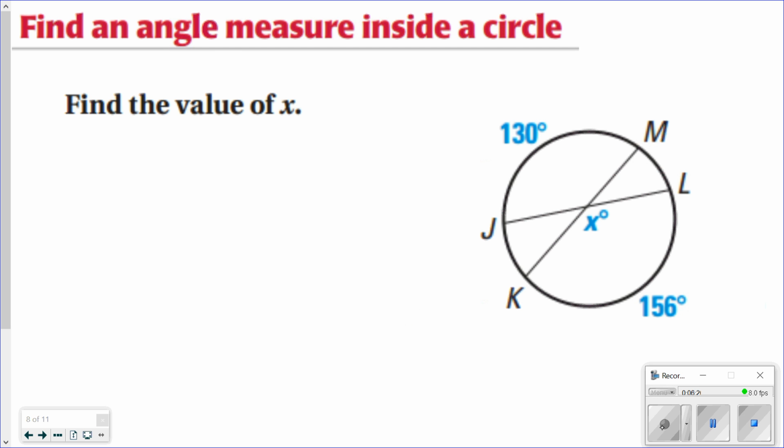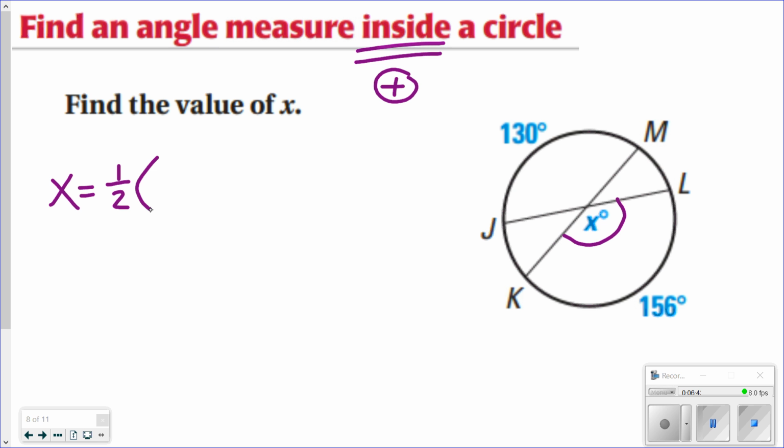Find an angle measure inside of a circle. All right, so inside, are we going to be using addition or subtraction with my equation? We're going to be using addition. So here's my angle measure. If I'm trying to find x, this is going to equal 1/2 the sum of our two arc measures.